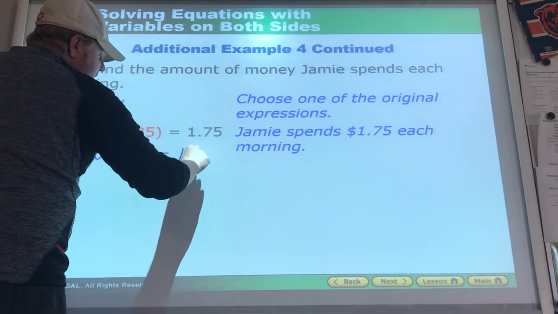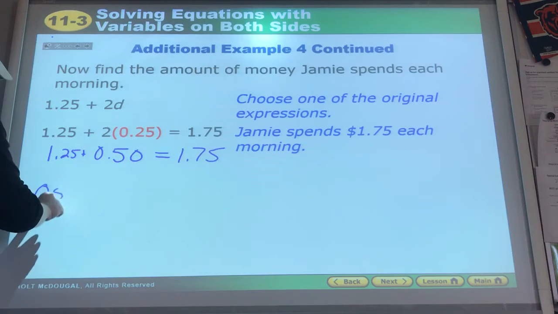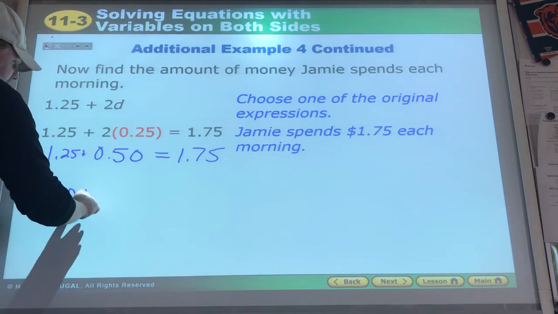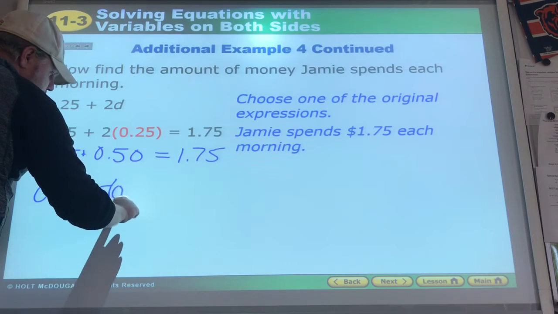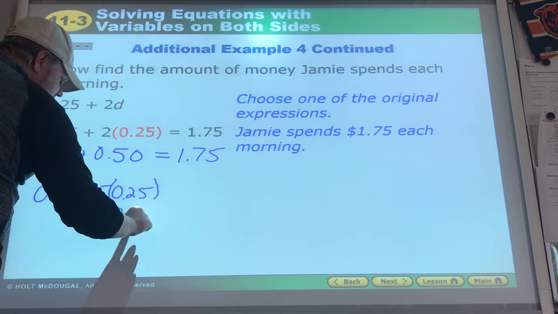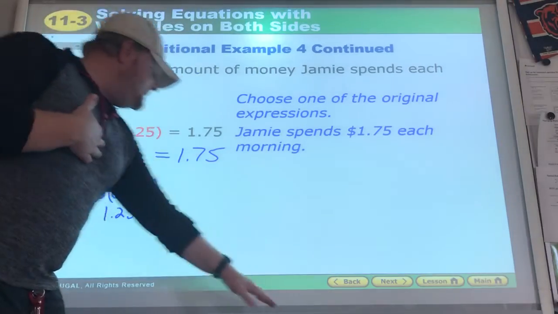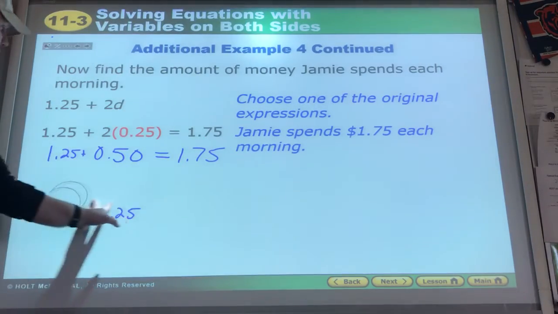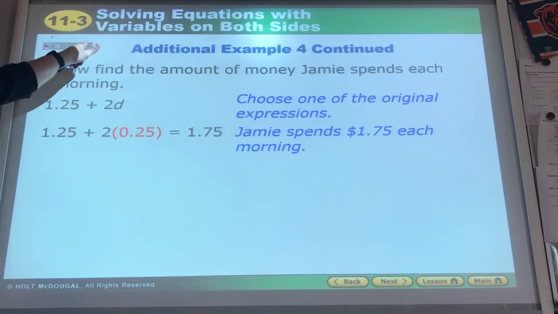That's $1.75. Now, if you didn't remember, the second day, he spent 50 cents on the paper, and he bought 5 donuts times 0.25. So that's $1.25, and he spends $1.75. Oh, so he spends the same money each morning. So he spends $1.75 a day.